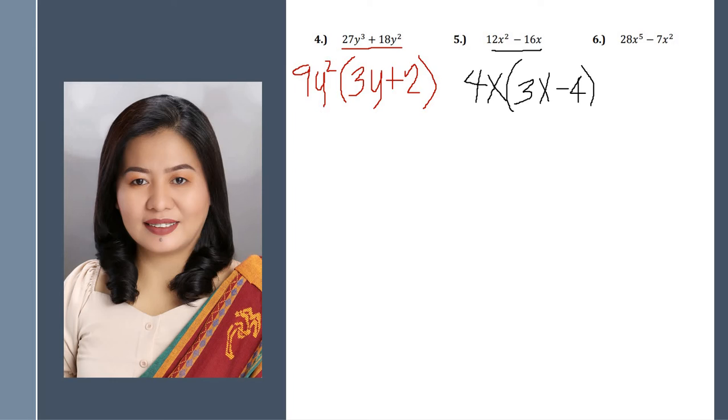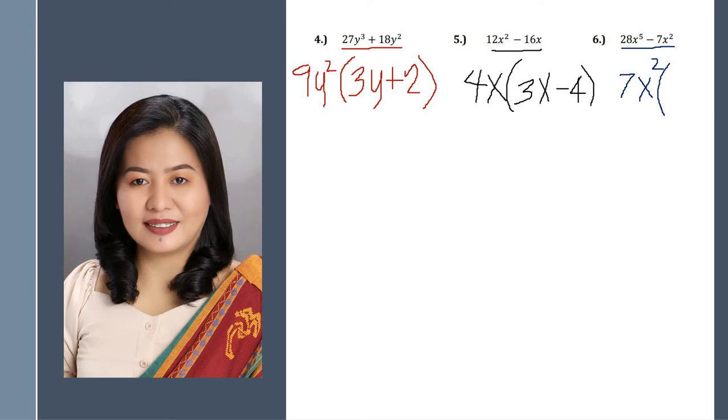Moving on to the last number, we have 28x to the fifth minus 7x squared. The common factor between 28 and 7 is 7, and the common factor between x to the fifth and x squared is x squared. And the other factor will be dividing each of the terms in the given by 7x squared.